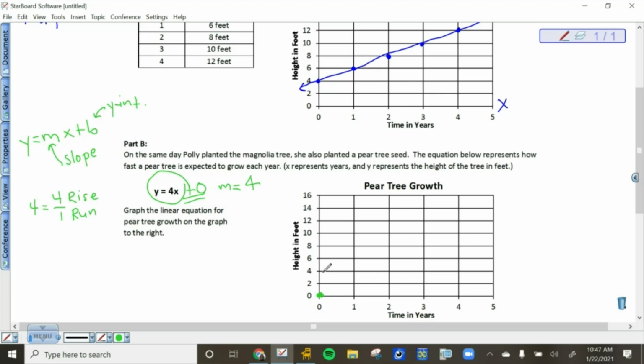We just go up to 4 and then over 1. Does that make sense? Okay. So draw your line. Up 4 over 1, up 4 over 1, and we connect the points.